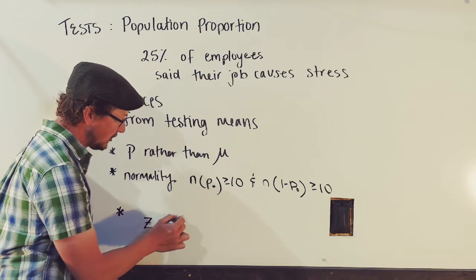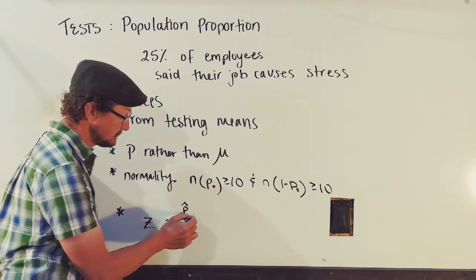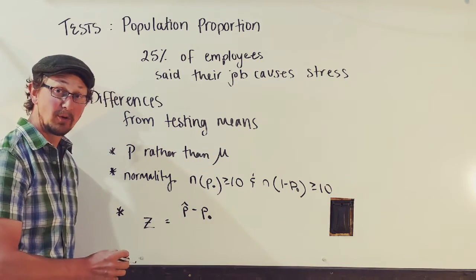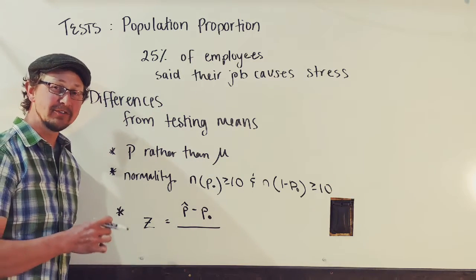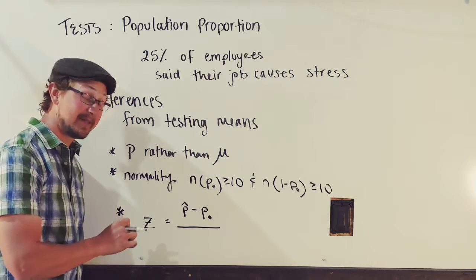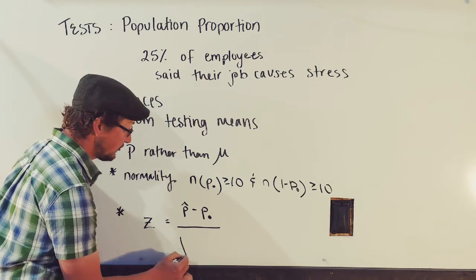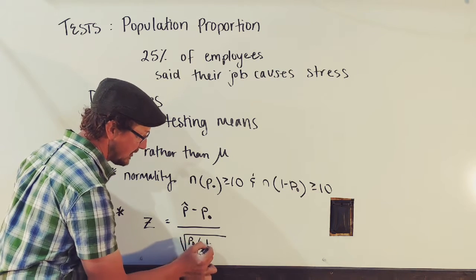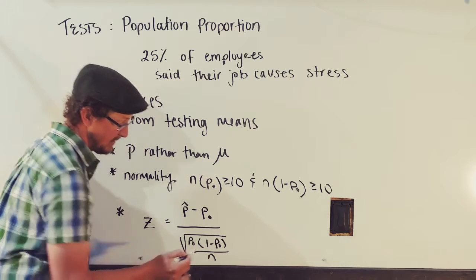It's going to equal my sample proportion minus my hypothesized proportion divided by the standard deviation of the estimate. That's the standard deviation of my hypothesized value, square root p sub naught times 1 minus p sub naught, all over my sample size.